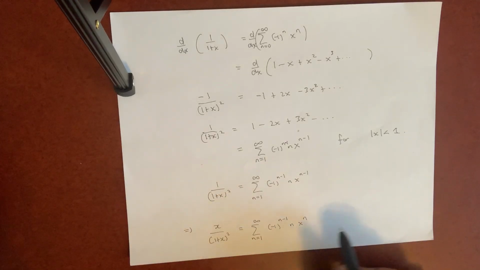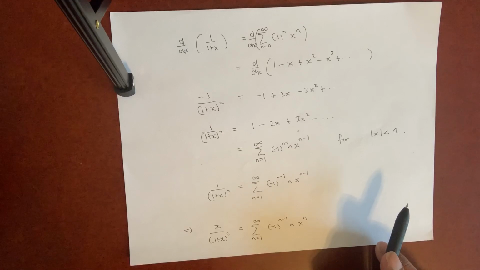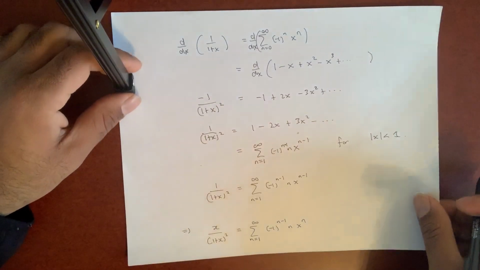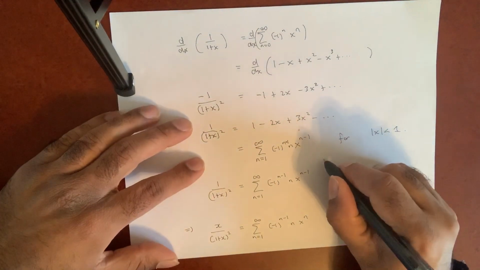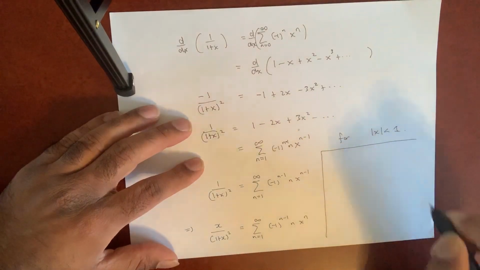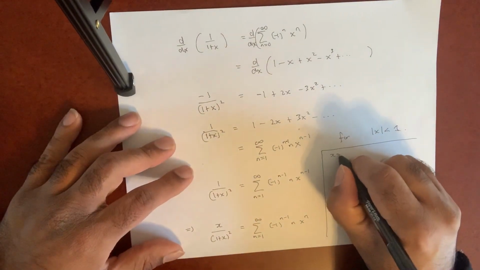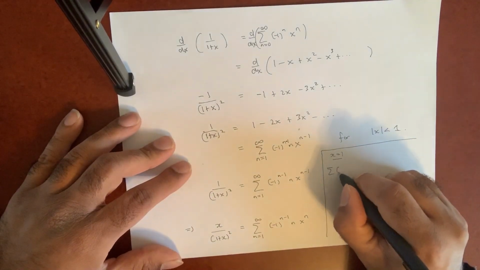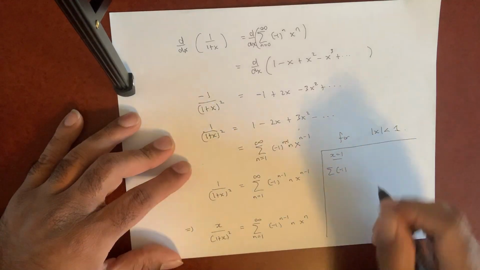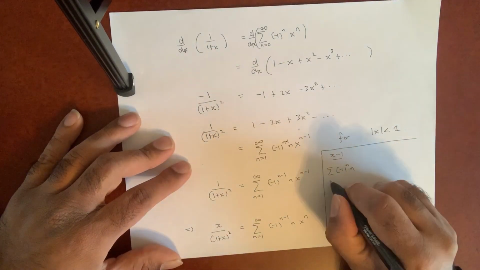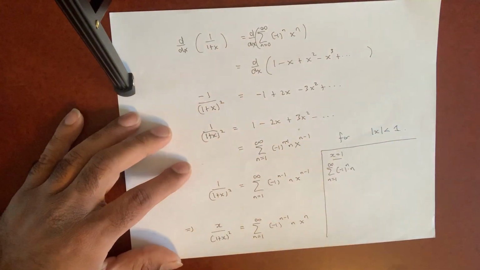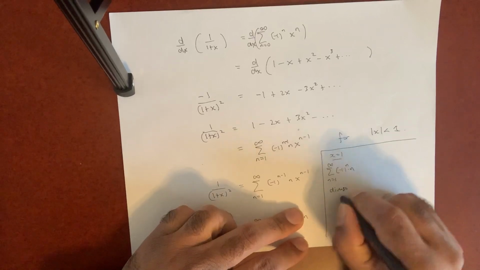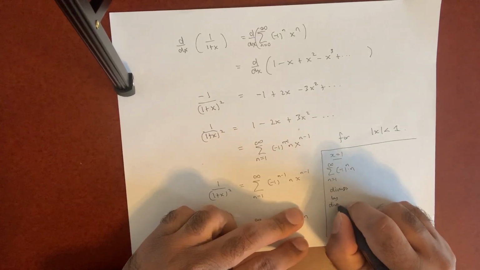And now what we have to do is check the endpoints here. I guess this is easy enough for these endpoints to just do it right here. So if x is equal to 1, what do we get? 1 to the n here is always 1, so it's just (-1) to the n minus 1 times n. And this clearly diverges by the divergence test.